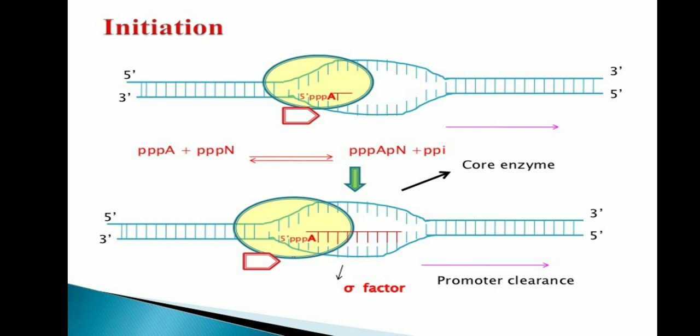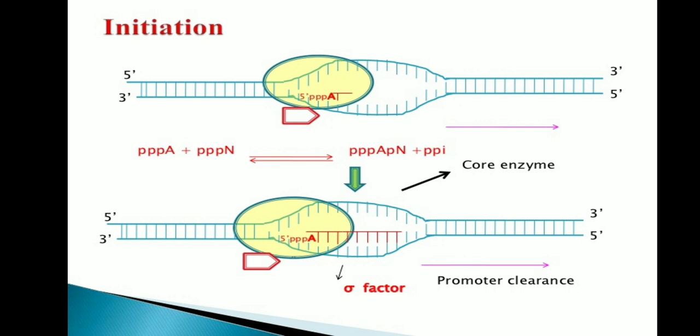The growing RNA chain forms a hybrid of about 12 bases with the template DNA strand, and the enzyme will move at an average rate of 40 nucleotides per minute. However, this can vary depending on the local DNA sequence.